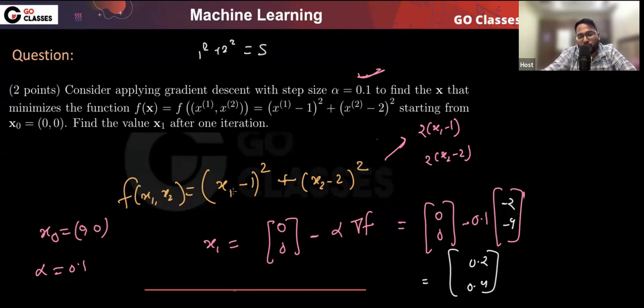But if you put 0.2, it will be 0.8 square plus 1.6 square, which is definitely lesser than 5, right? I mean, this is lesser than 1, this is lesser than 2. It is definitely lesser than 5. So your function is decreasing, right? Your next point is telling you the function value has decreased. Is this fine to everyone? How we are calculating the next point? Let me know.